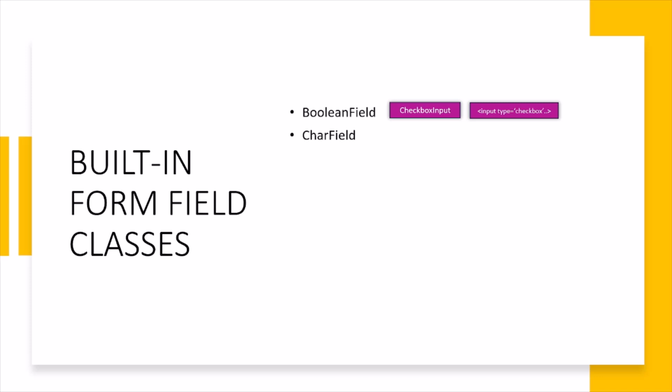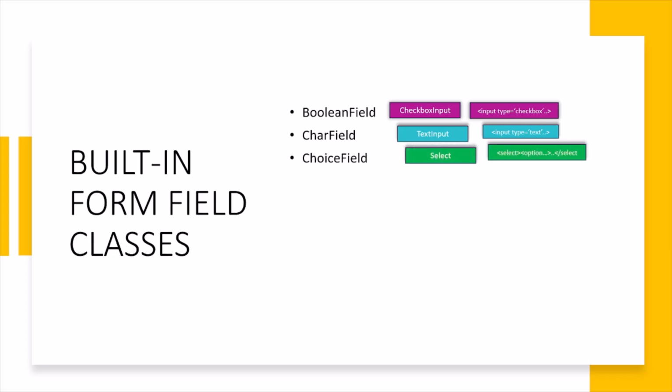We have the CharField form field class, which is represented by the TextInput widget, rendering as input type equal to text. We have the ChoiceField form field class, represented by the Select widget, rendering as select an option.